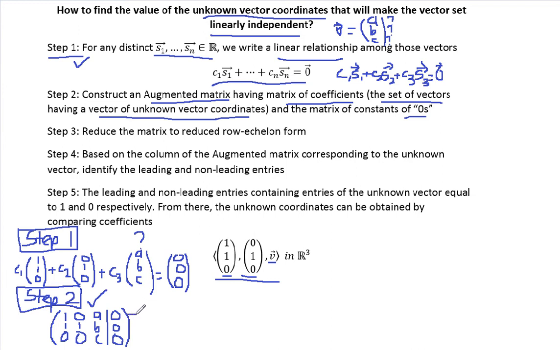So this is our row 1, row 2, row 3. Now let's do our step 3, reduce it to reduced row echelon form. But first we have to reduce it to row echelon form before we can proceed to reduced row echelon form.